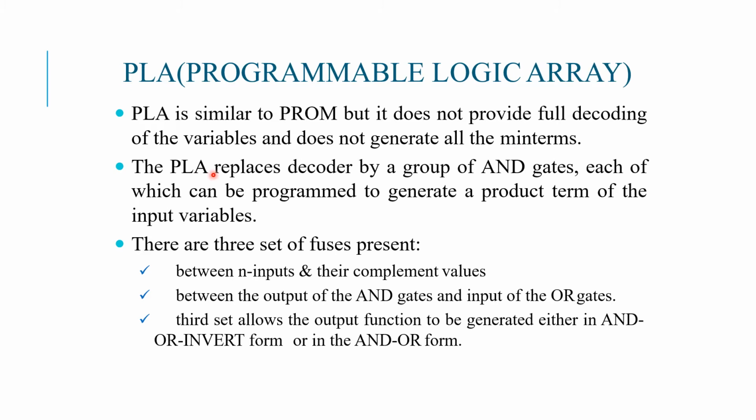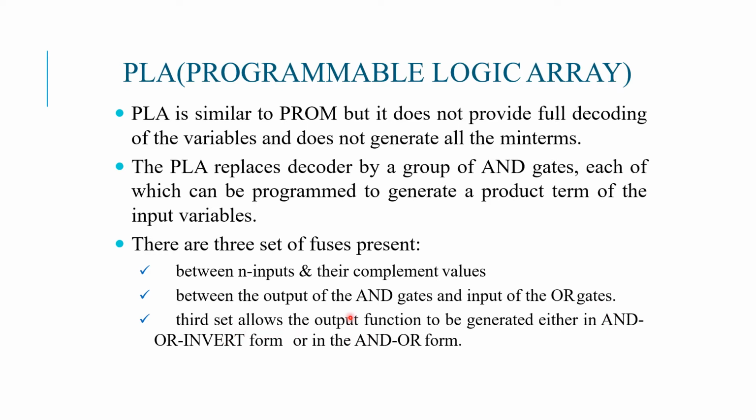So this PLA replaces the decoder by a group of AND gates, each of which can be programmed to generate a product term of the input variables. There are three sets of fuses present in this PLA. What are those? Between the n inputs and their complement values, between the output of the AND gates and the input of the OR gates.